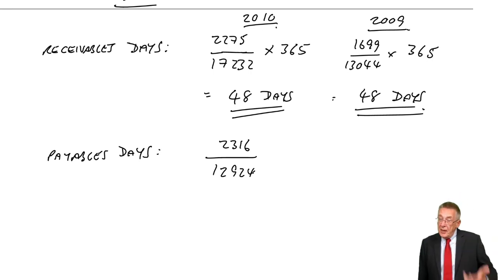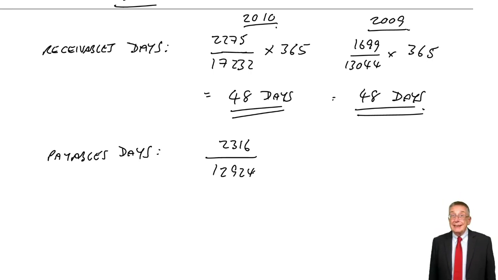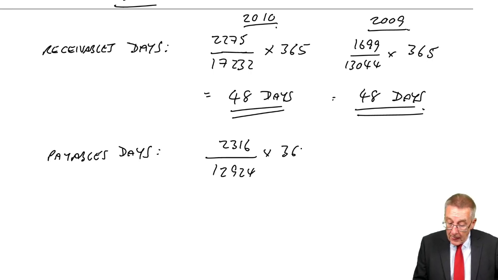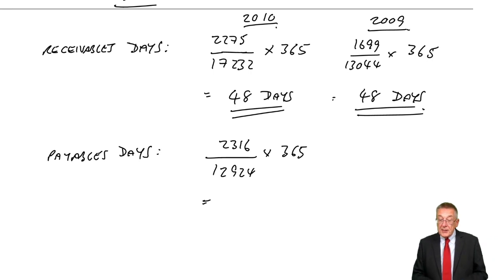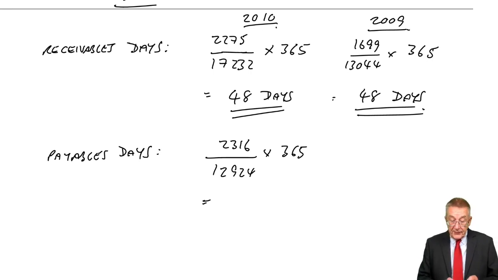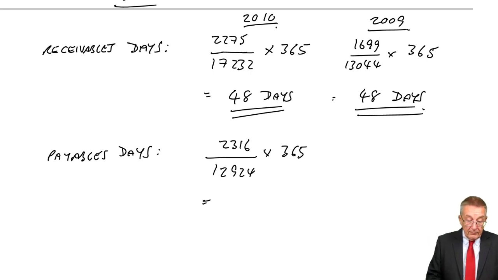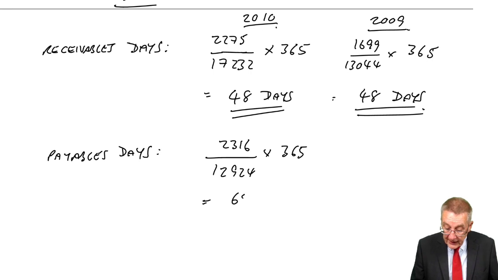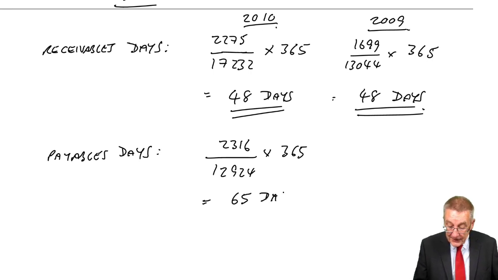If you're simply told purchases, use that. If you're told none of it, you have to use cost of sales. But anyway, for the same reasons as receivables, it's that proportion to 365. Where are we? 2316 divided by 12924 times 365. I get 65 days.